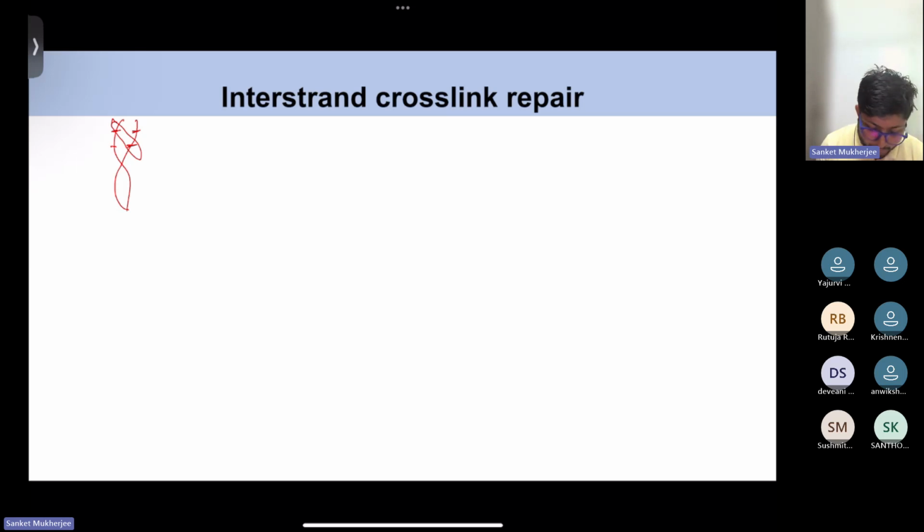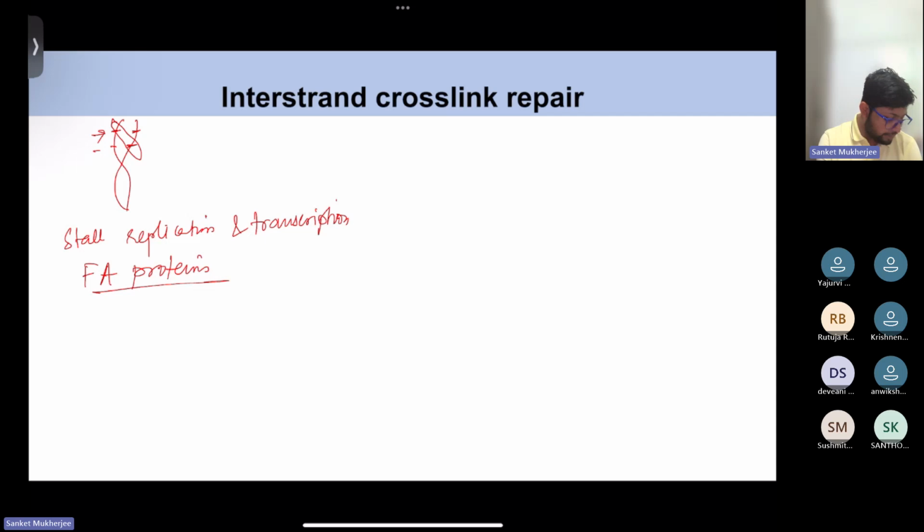Now, these are highly toxic lesions because they can stall replication and transcription, because any enzyme which tries to work with this kind of DNA at these sites will not be able to go for a normal replication cycle. There are some Fanconi anemia proteins, FA proteins, which are cell cycle dependent. Essentially, this kind of damage is repaired during the G0, G1 phase or the S phase of the cell cycle.